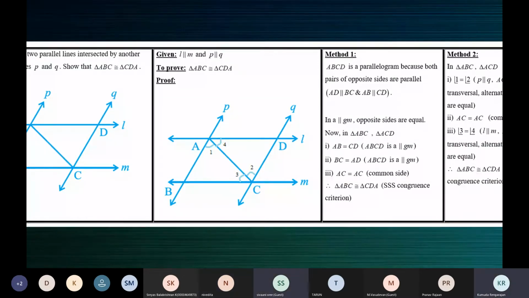Ma'am, in method 1, AB is equal to CD. In bracket, ABCD is parallel to GM. You have written it like that. Method 1 or method 2? Method 1, ma'am.